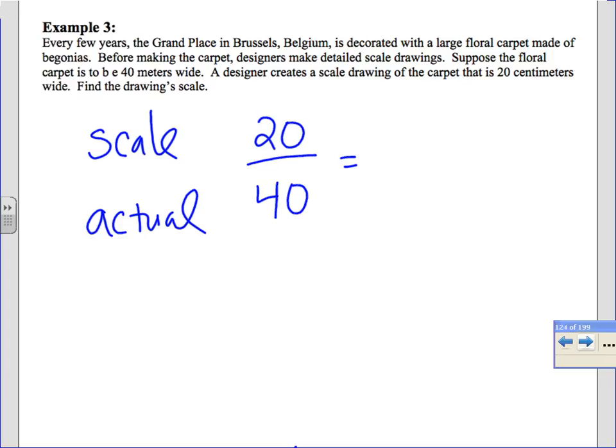It's very basic. I will make sure on a test or quiz that I'm specific about telling you what you do need to find, whether it's converting or just finding that scale. Annalise? Sometimes you use proportions.